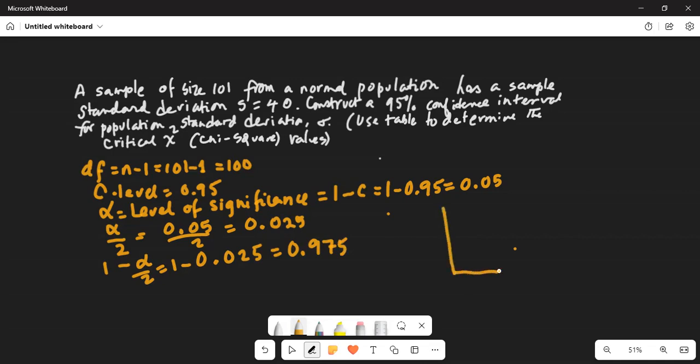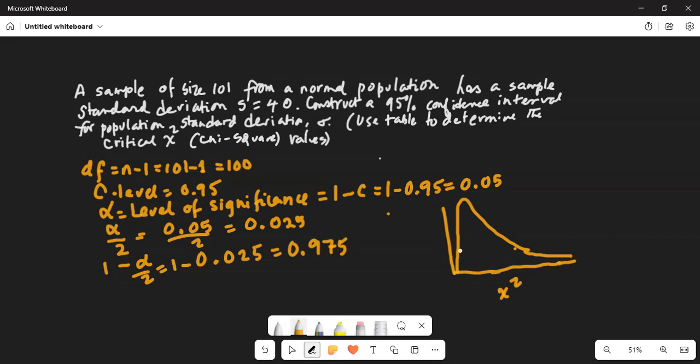Because if you look at the chi-square distribution, this is chi-square on the horizontal axis. It is a right skewed distribution. It starts from chi-square 0 and extends on the positive side to positive infinity on the right.